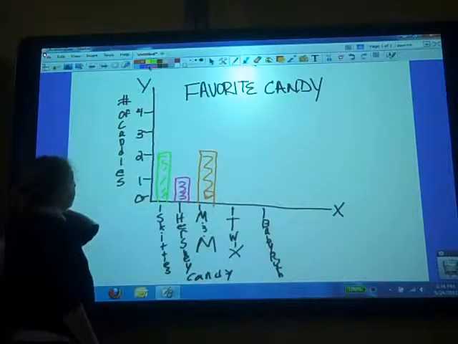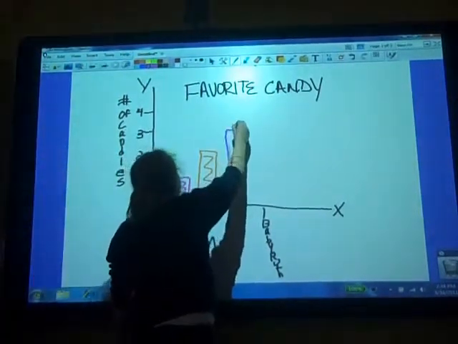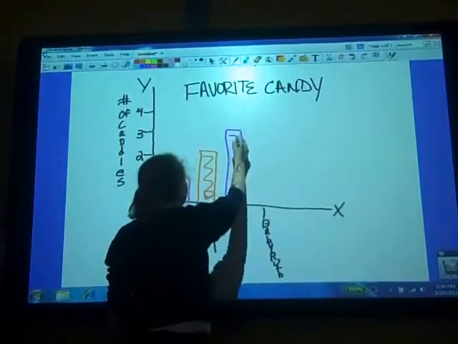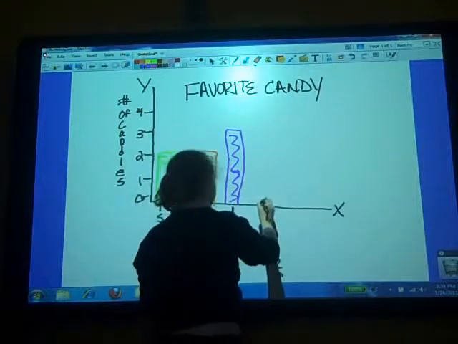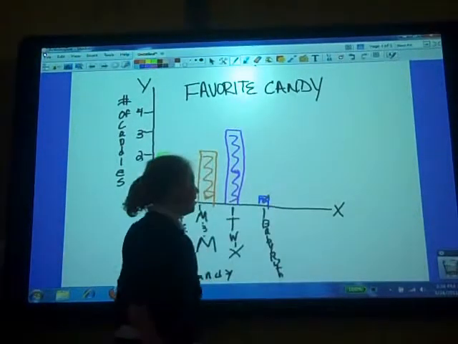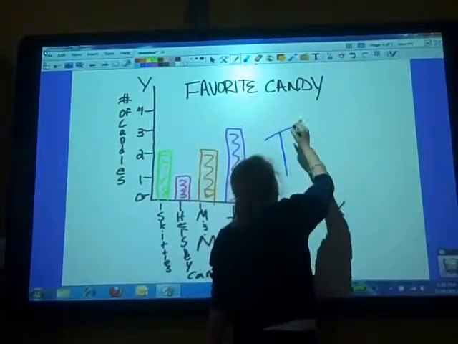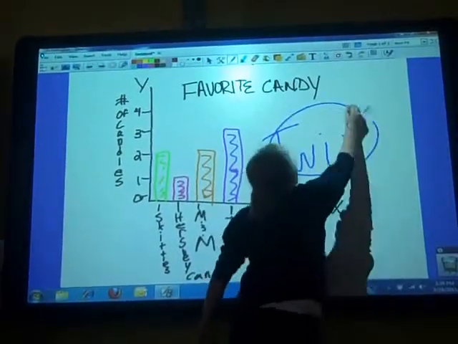Three people chose Twix. And 0 people chose Baby Ruth. So the winner is Twix.